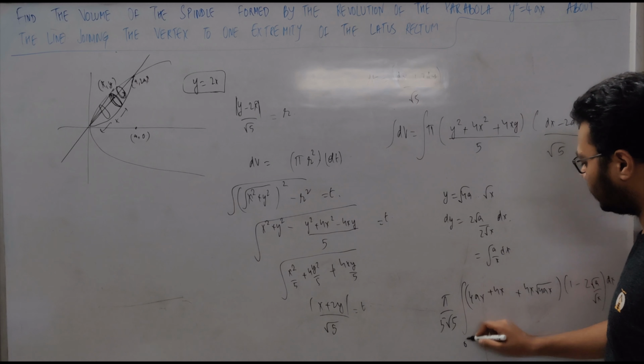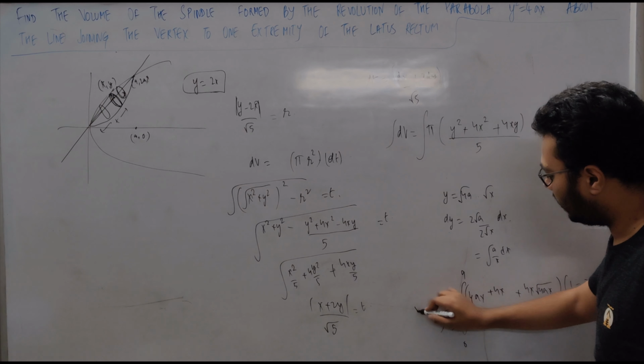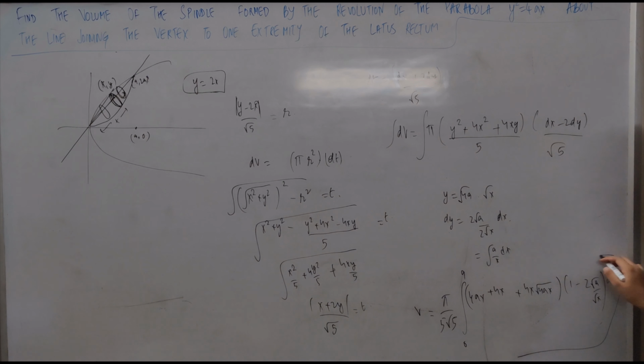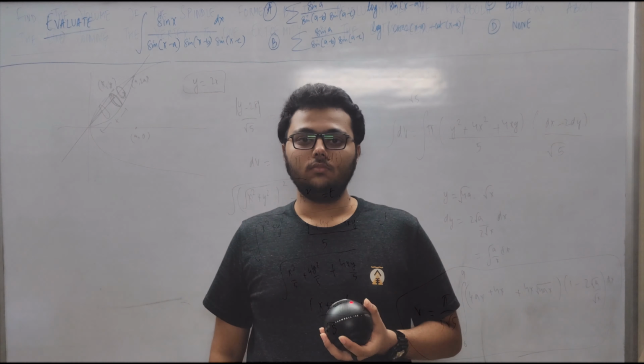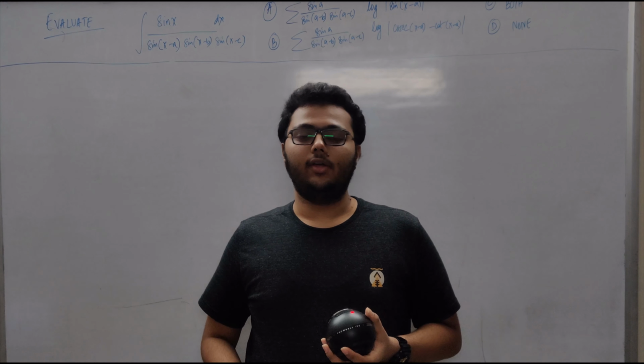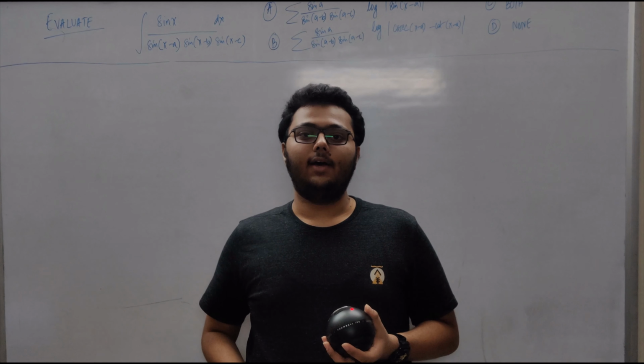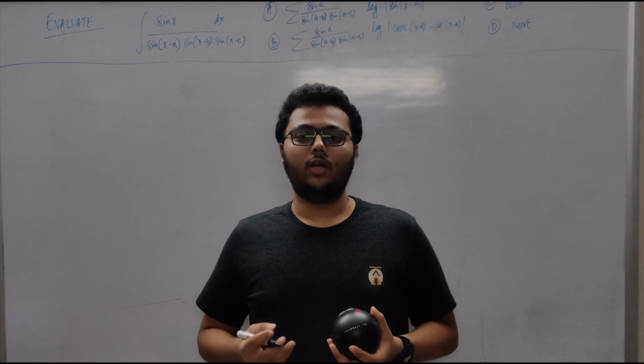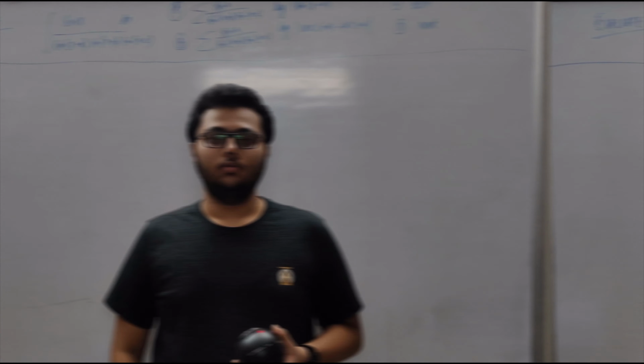This is the final expression, and this is the volume. You can pause the video here and attempt the question, and after you're done trying to solve the question, you can come back to the video and see the solution.